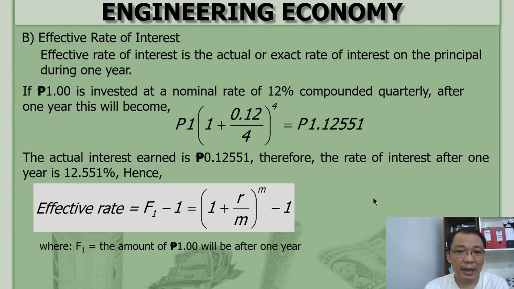For example, the nominal rate is compounded quarterly, but the mode of payment is monthly. So it is not consistent. It should be consistent. The rate of interest must be consistent with the mode of payment. That will be discussed in the next topics.